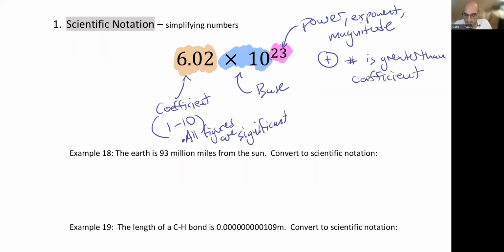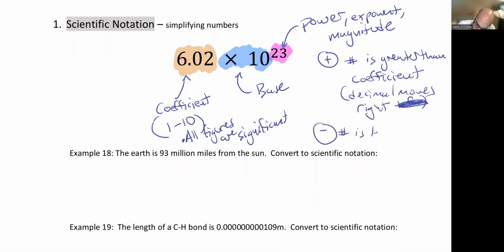Really what that means is the decimal moves right, because the number is going to grow. So the 6 would go to 60, to 602, to 6,020, and so on and so forth. If the exponent is negative, the number is less than the coefficient, which means the decimal moves to the left.